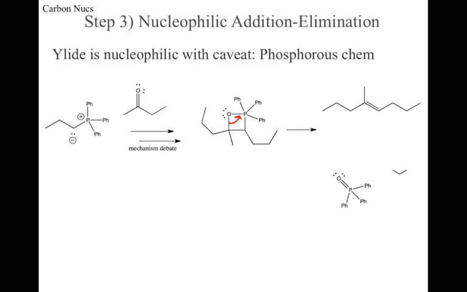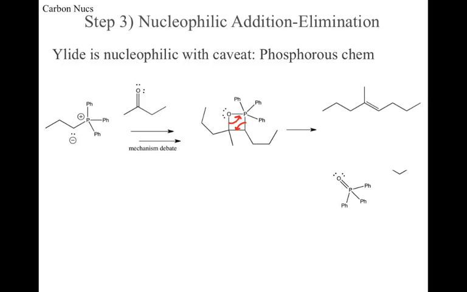Phosphorus now says, well, since I've got my electrons, I'm going to give them back to carbon. Okay? And the net result is that we see an alkene form, or really 2 pi bonds form. We get the alkene pi bond, and we get the phosphorus oxide pi bond.